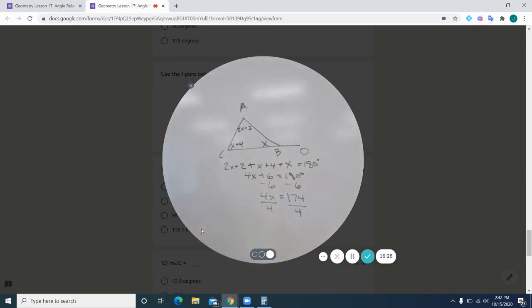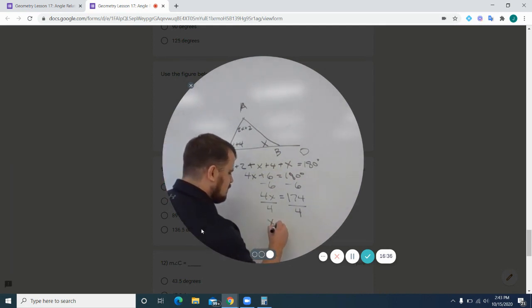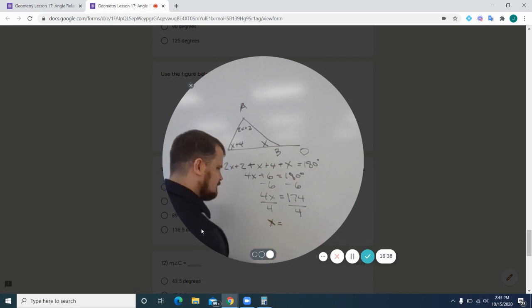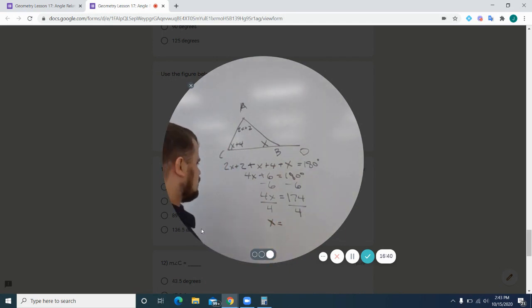We divide by 4. Let me make sure that I've done all of this right. Okay, so 4 is going to go into 174. We're going to get a decimal here. It would go into 40 to be 160.